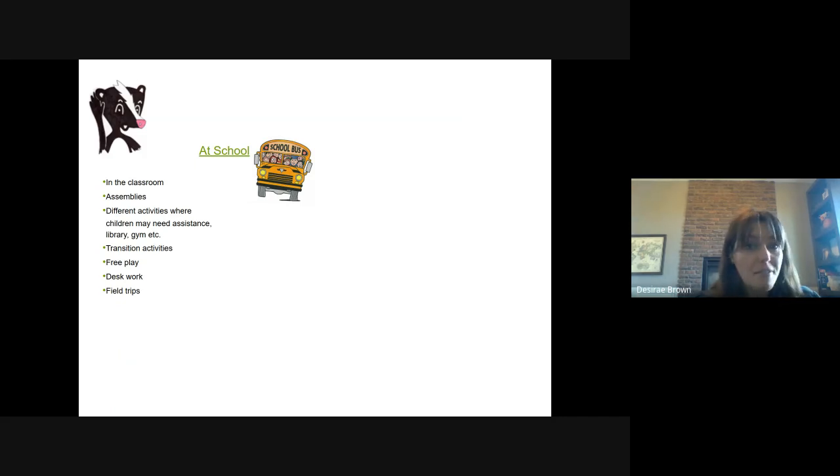Most classrooms have a clock. Some classrooms use visual timers, whether it's a sand timer that you flip over or a timer on the smart board that they click and can know when the time is up and it's time to move on to something else.